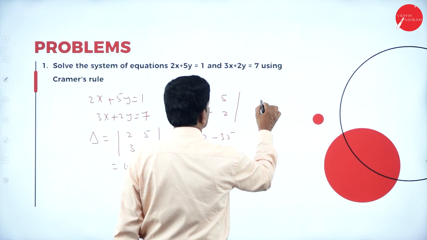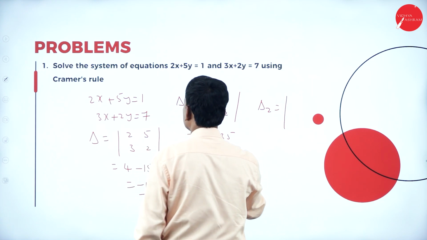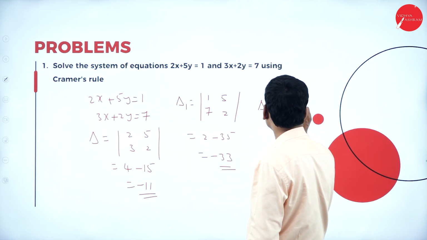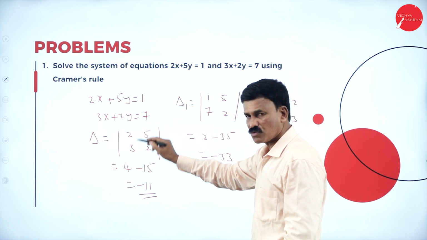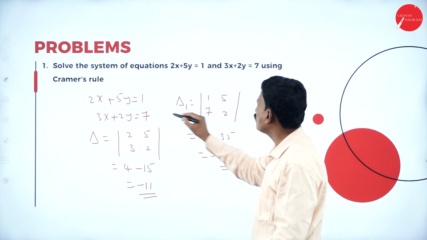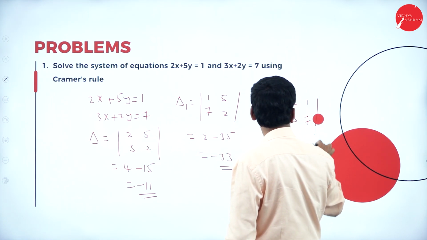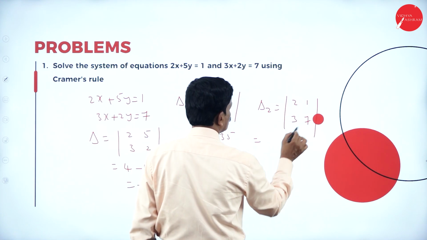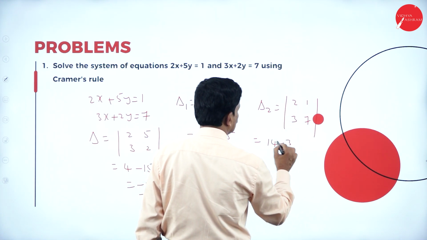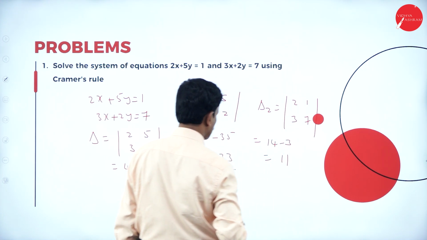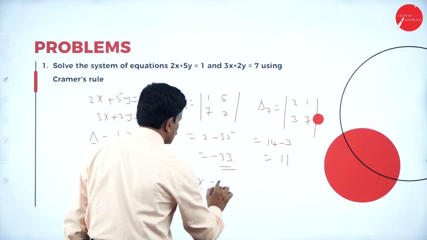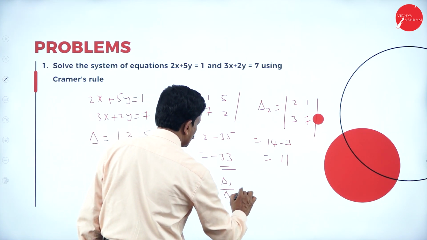Now delta y, delta 2. Delta 2 can be written as 2 and 3 will remain the same. First column is same. 5 and 2 is replaced by 1 and 7. Simplify this. So 2 into 7 is 14 minus 3, 14 minus 3 is equal to 11. So therefore x is equal to delta 1 by delta.